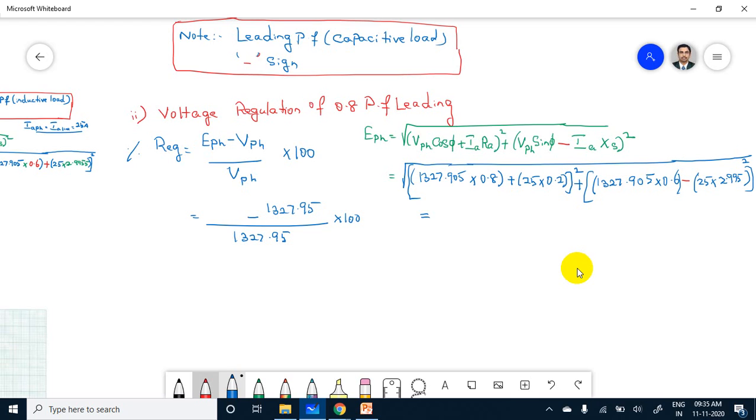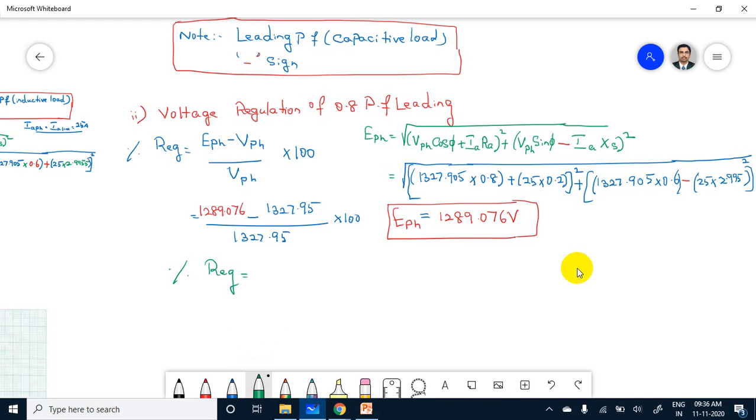How much is your E phase? E phase, what is the value? 1289.076 volt. Okay, this value substitute here. Therefore regulation is how much?